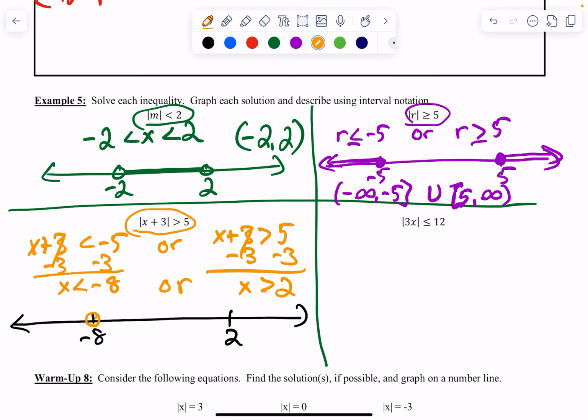It's x is less than, so it's going to the left. And the same thing with the 2. It's a circle, and we're going to the right. So -infinity to -8, not included, or 2 to infinity.